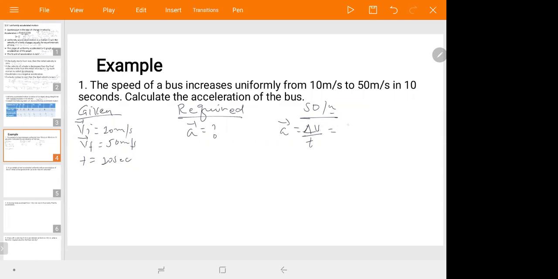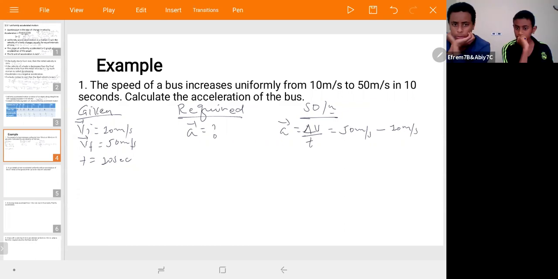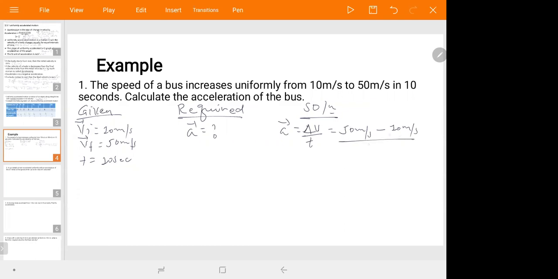Your final velocity was 50 meters per second minus 10 meters per second, over 10 seconds. 50 minus 10 is 40. 40 meters per second over 10 seconds. Zero cancels by zero, so 4 meters per second square.